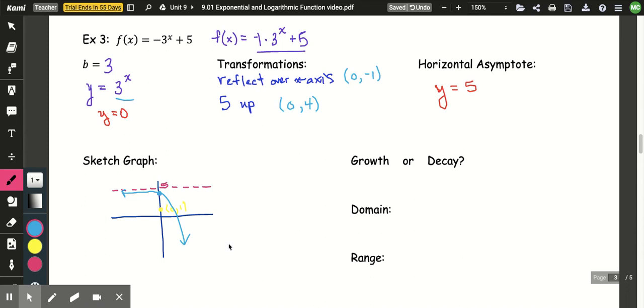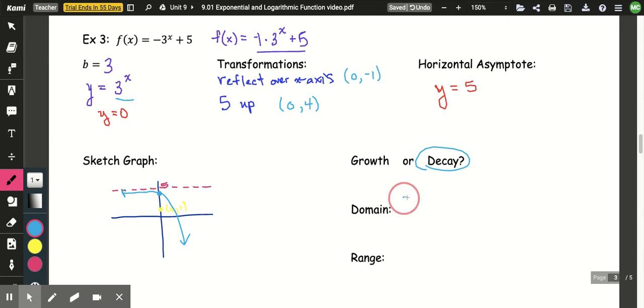So now if I look at my final graph, I see that as I move from left to right on this graph, the trend is going downward. So the final result on this one is actually a decay function. So if it starts out as growth, but then it's reflected over the x-axis, that would change the trend and make it decay instead.